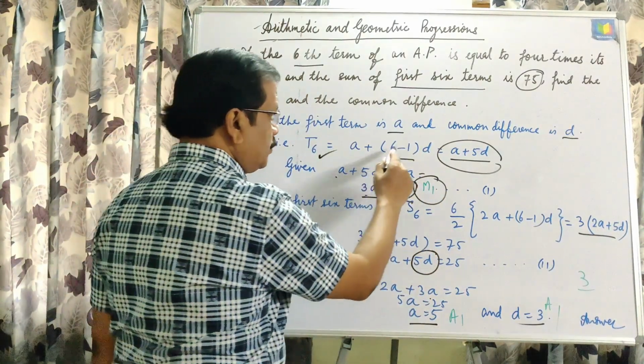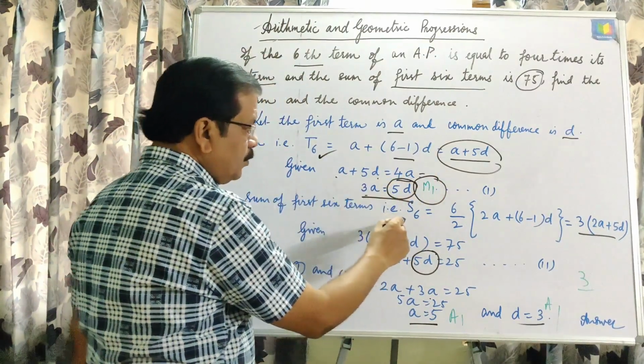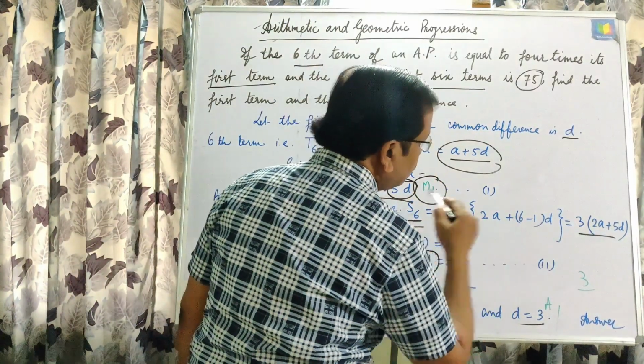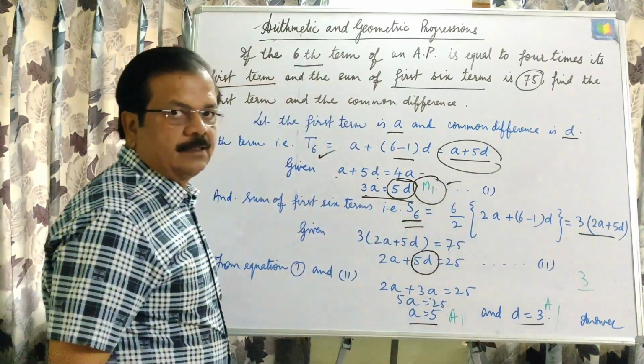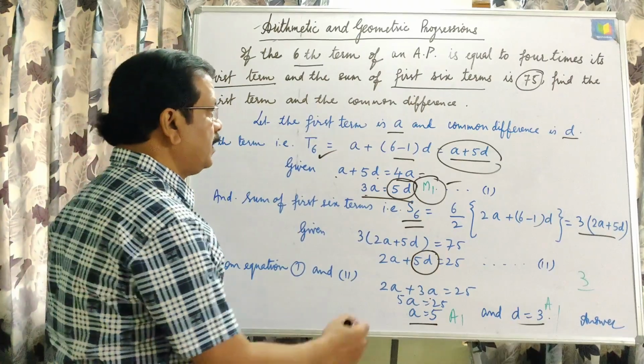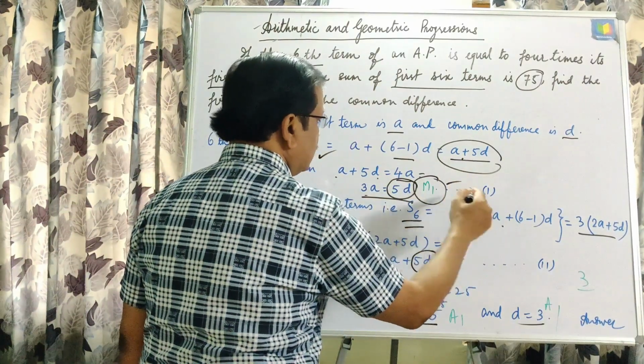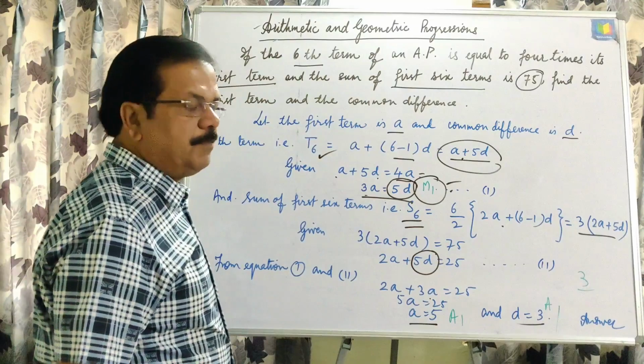If you are not substituting correctly there but you are able to substitute correctly in the summation formula, then also you will be given the method mark. Because you know the method, whether this method or this method, the first method mark will be given.